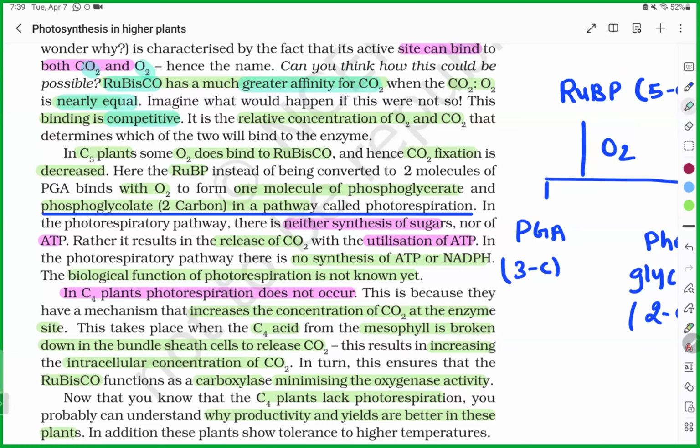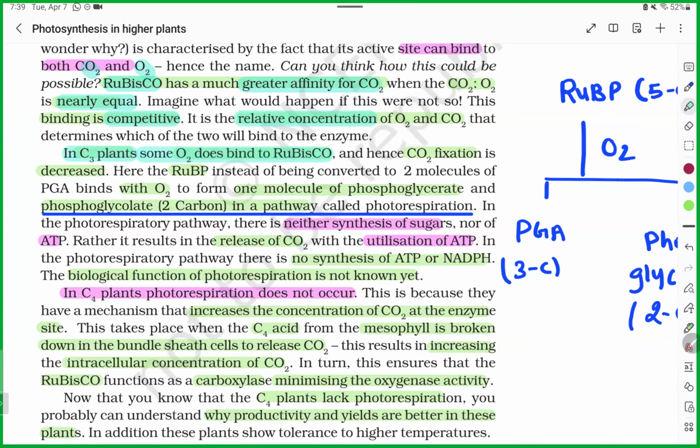Whether Rubisco attaches to oxygen or CO2 is decided by the concentration percentage. In a C3 plant, a small amount of oxygen can bind with Rubisco.